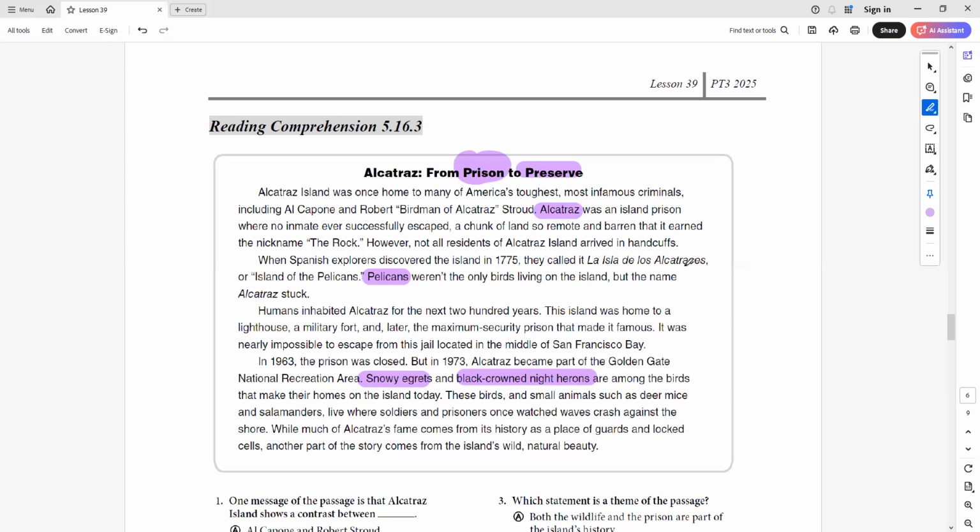The Spanish word means pelican，就是刚才那只鸟哈。In Spanish they call it La Isla de los Alcatraces. La Isla means the island. Los Alcatraces means the pelicans. So in English, it's called Island of the Pelicans.